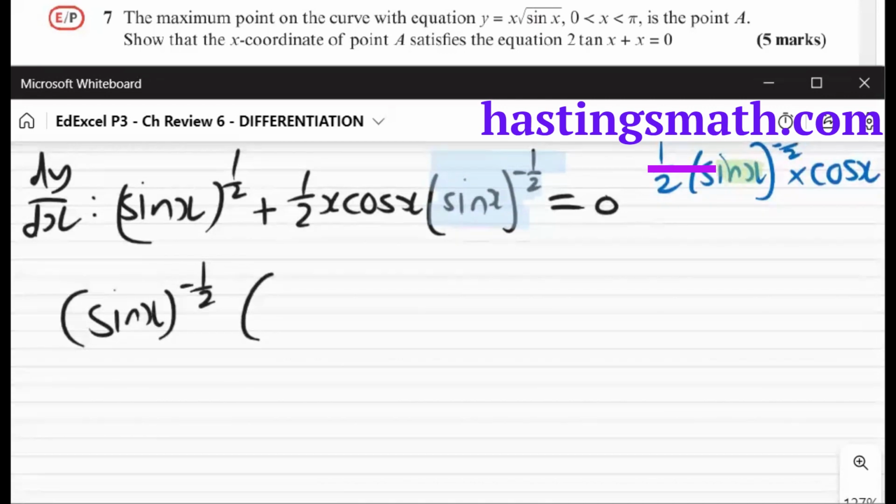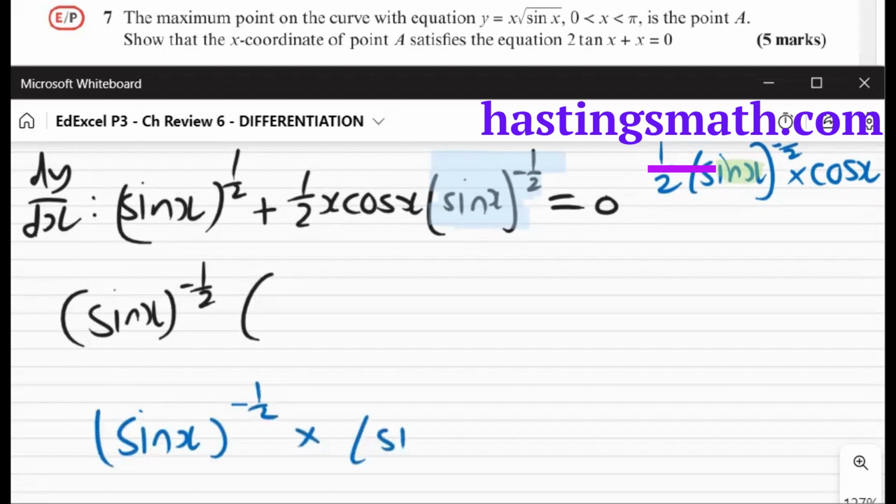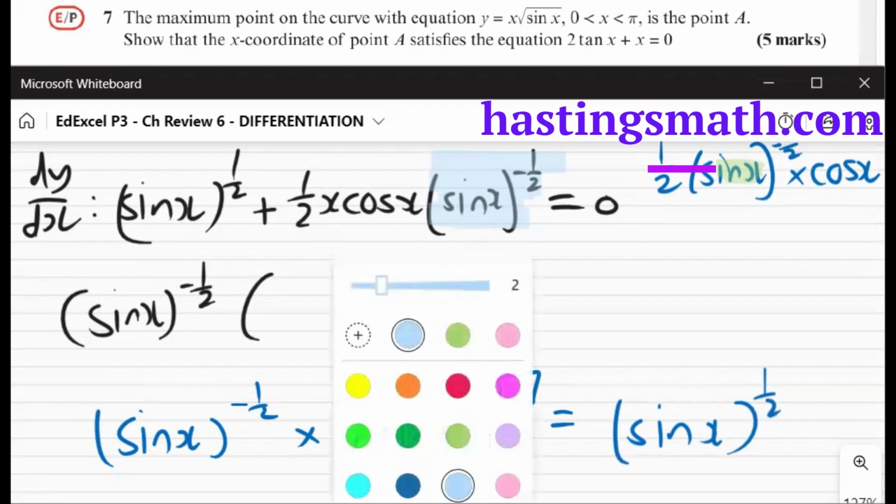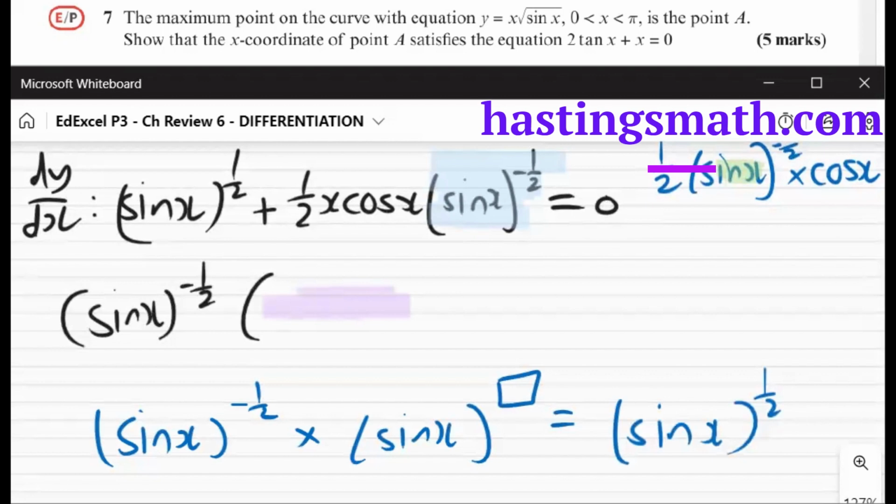If we had sine x to the power of negative a half times something, it needs to equal sine x to the power of a half. This is in order to find out what's going to be left over once we've taken out the common factor from this first term.